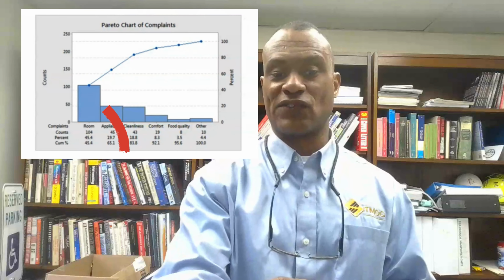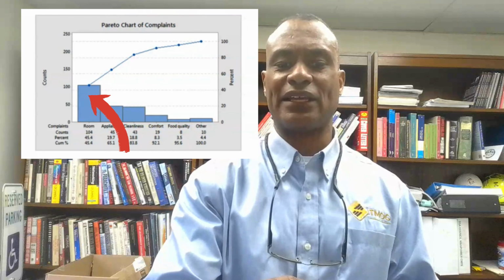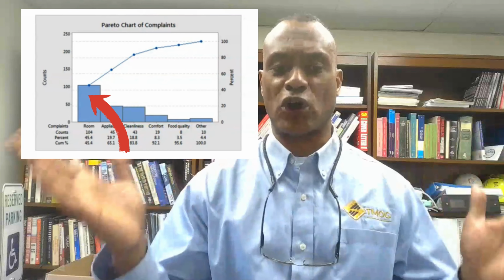In other words, 80% of my problems are caused by 20% of my people. 80% of my revenue is generated by 20% of my customers. And now we know where to focus our energies. What's interesting about this chart is that you can see, right here, if I eliminate this error, then the majority of my errors are gone.